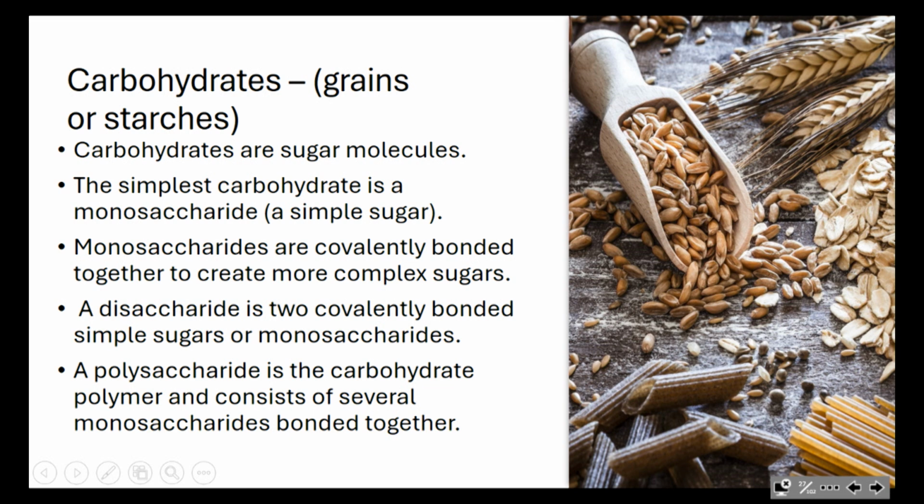But if you take a lot of monosaccharides and fuse all of them together and get up to like the hundreds or thousands of sugars, that'll make something called a polysaccharide. And this is a type of carbohydrate that is the polymer, but it's many monosaccharides all fused together. And these have a lot of energy in them.